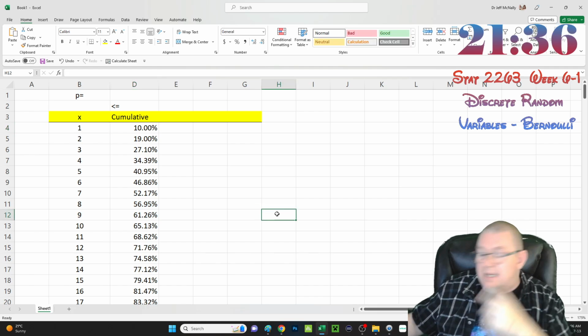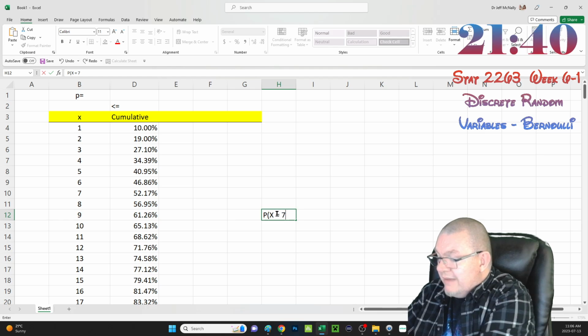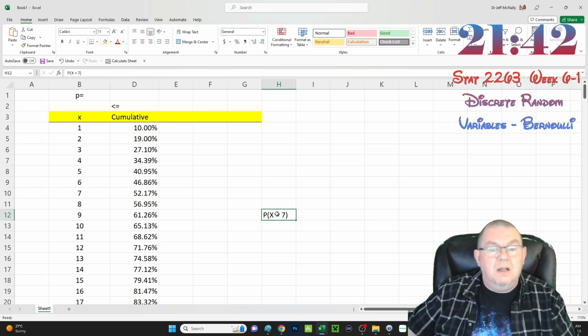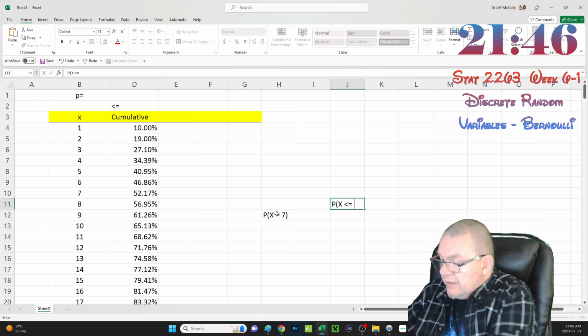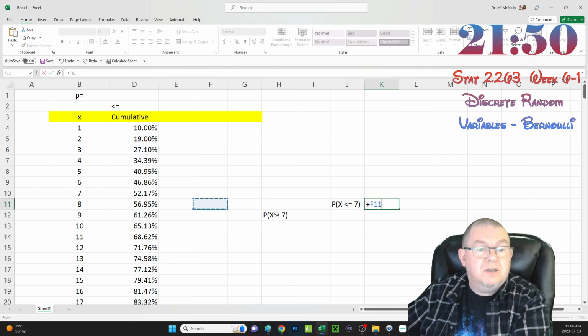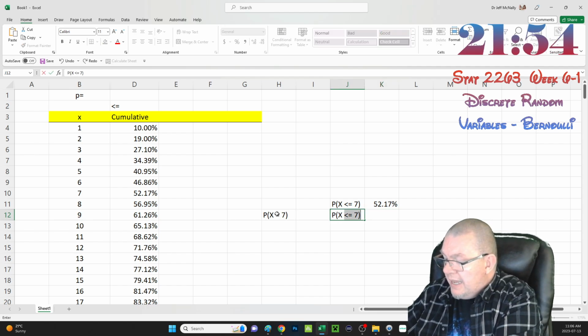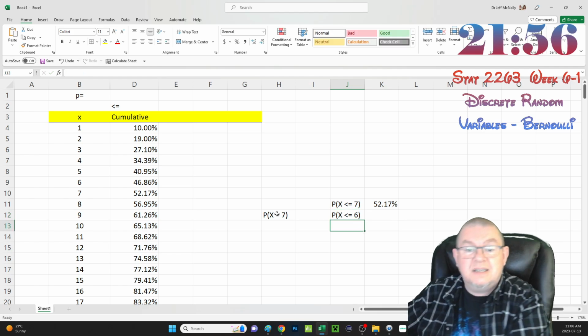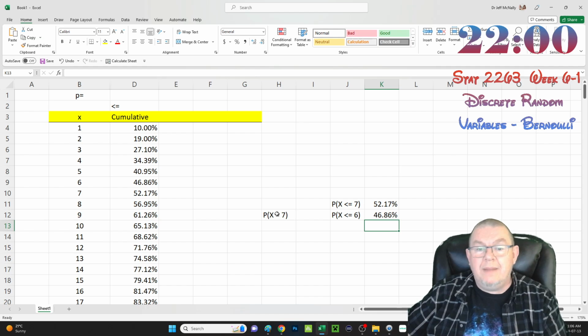And so in this case, if I ask what's the probability x is equal to 7, well, what do I know? I know the probability x is less than or equal to 7 is, and I'm just going to reference here, 52.17%. I know the probability x is less than or equal to 6. That is 46.8%.